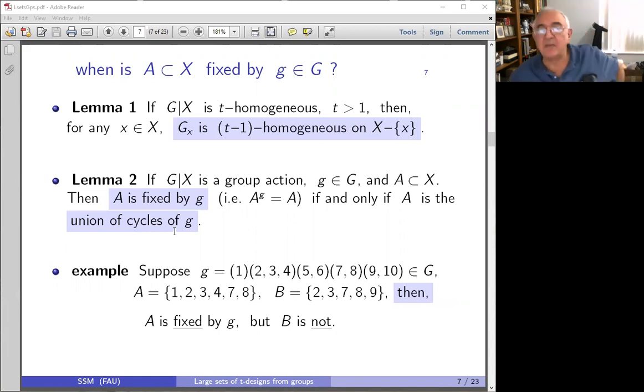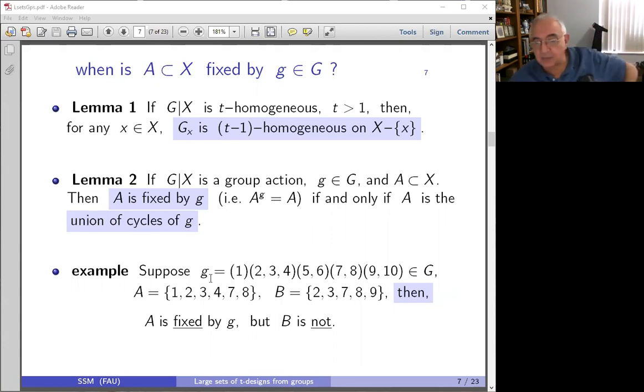And the second lemma is the following. If I have a subset A of X, when is it fixed by a group element g? So if G acting on X is a group action and g is an element of G and A is a subset of X, then it is fixed by g if and only if A is the union of cycles of g.